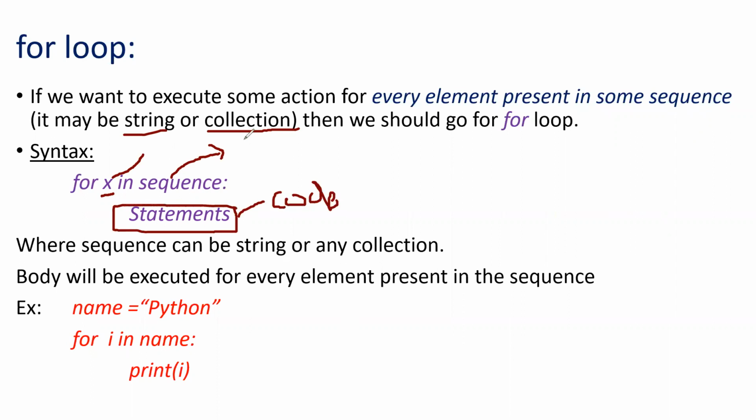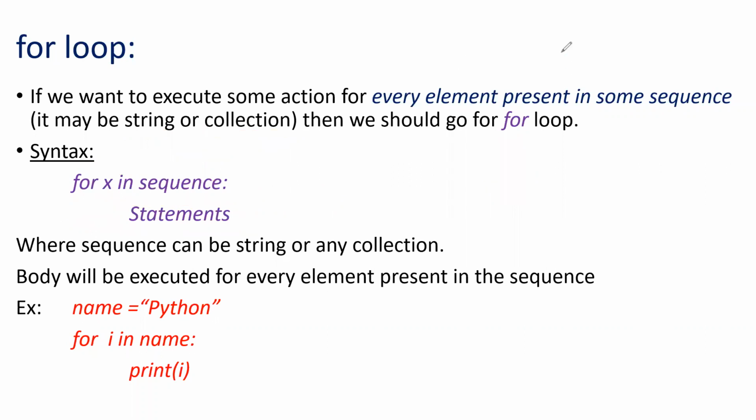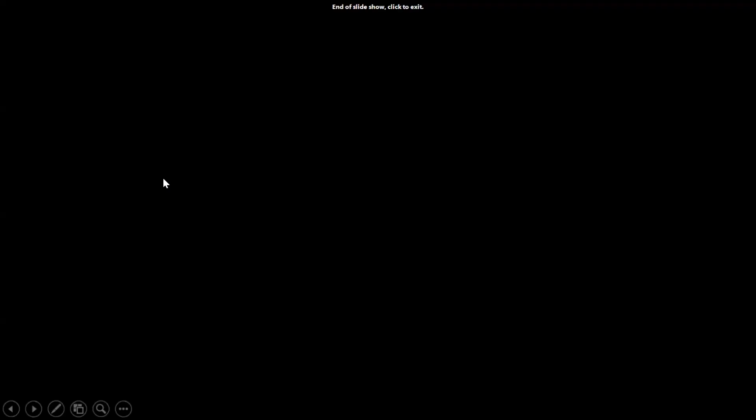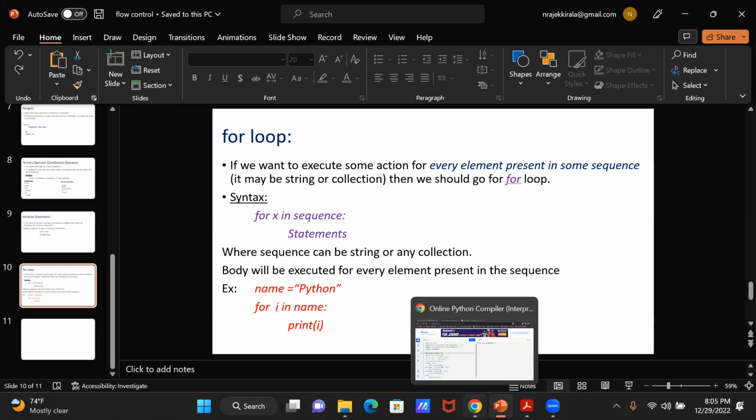After the end of the values, it will automatically come out of the for loop. Until then it runs, until it finishes the values present in the collection, string or range. While you're doing code you can understand. Okay, that's about the for loop. I'll show you that in the code so that you will understand.